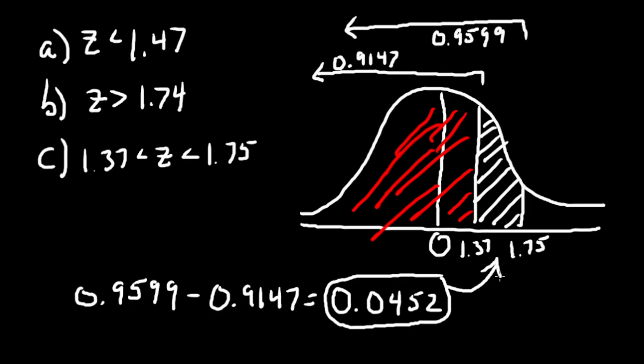And then you have problems like C, which is find the area between two numbers. When you do that, you subtract the two. That gives you the area in between, because you take the big area minus the area you don't care about, and that leaves the area that we have. Okay? So this one is a pretty simple one.